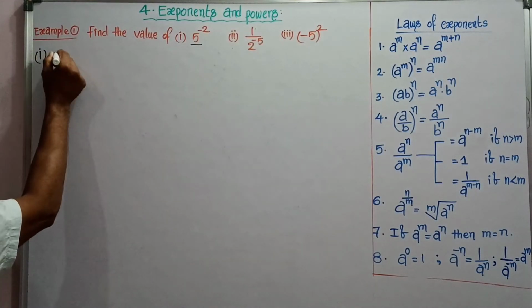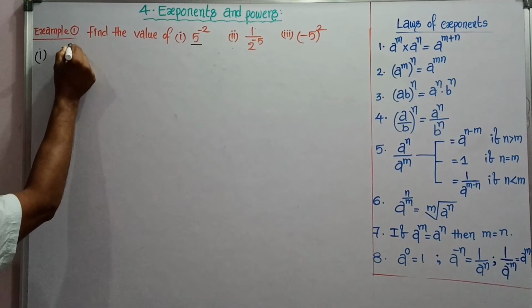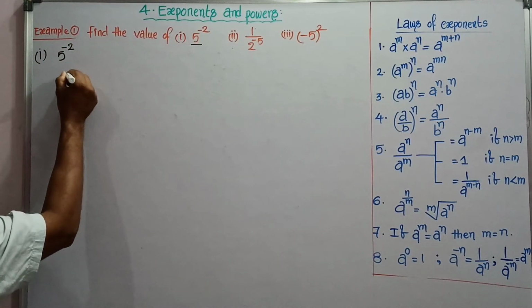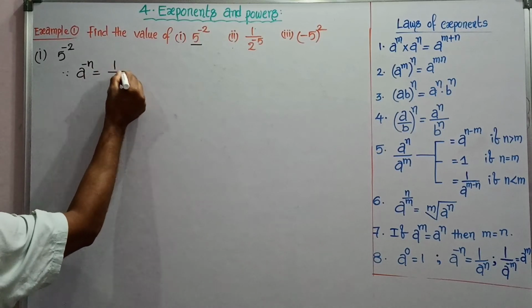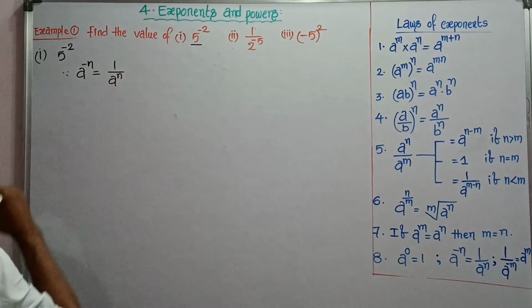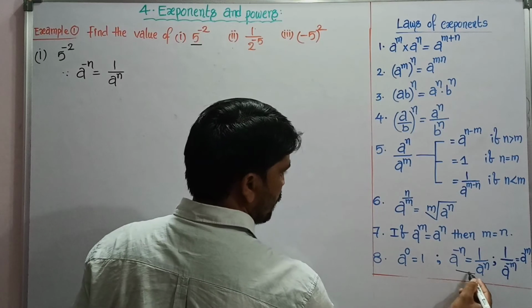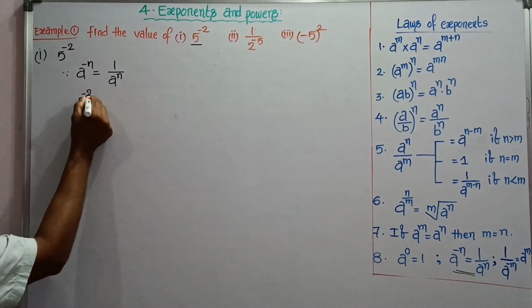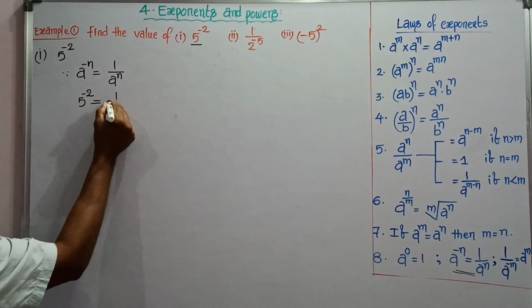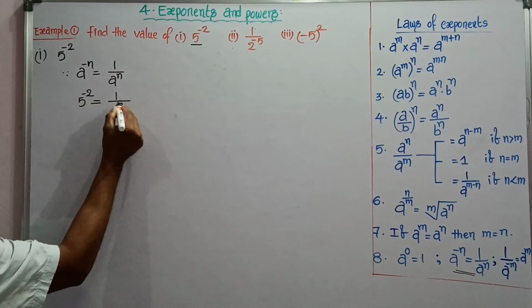Consider first one, that is, we are given 5 power minus 2. Since a power minus n is equal to 1 by a power n, by using 8th formula, similarly 5 power minus 2 is equal to 1 by 5 power 2.